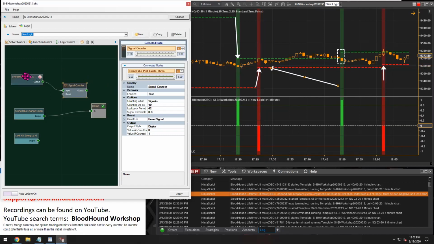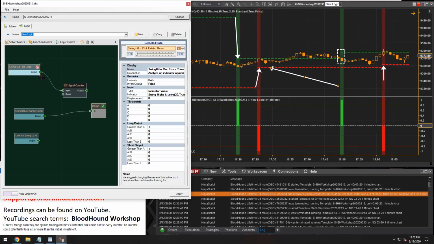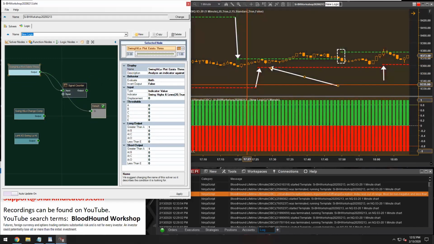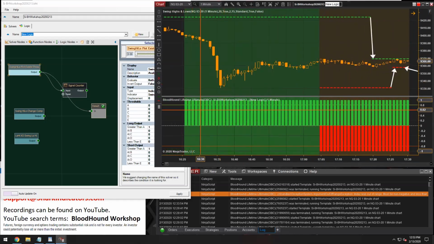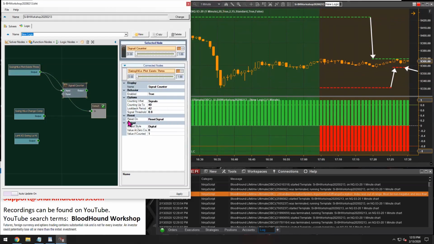Because remember, what's being fed into the signal counter is the swing plot, which is always existing here. So the signal counter is basically always going to count 40 bars where the swing high or the swing low exists. So we need to use a reset here to reset the counting.